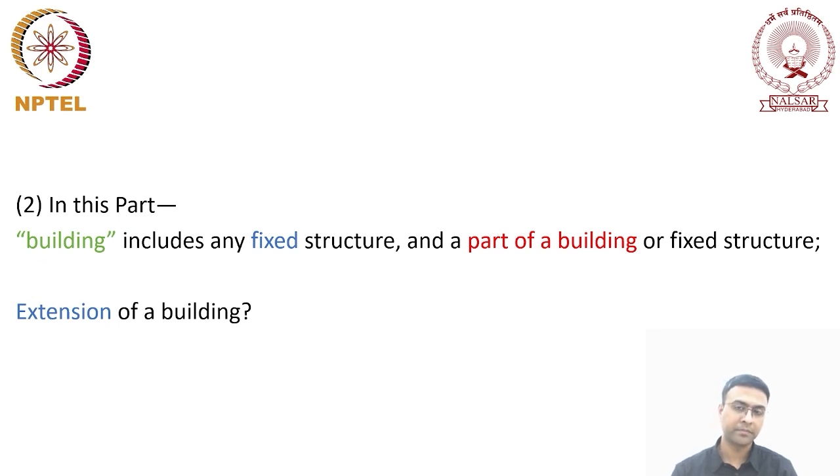Following this provision, the UK Copyright Act also explains what a building is, and it says building includes any fixed structure and a part of a building or fixed structure.